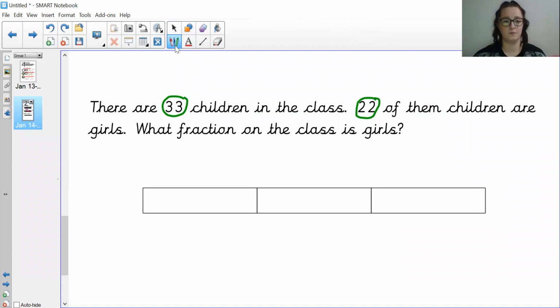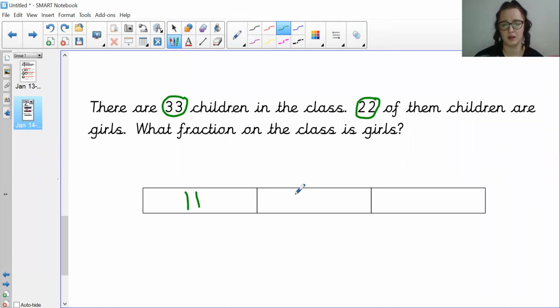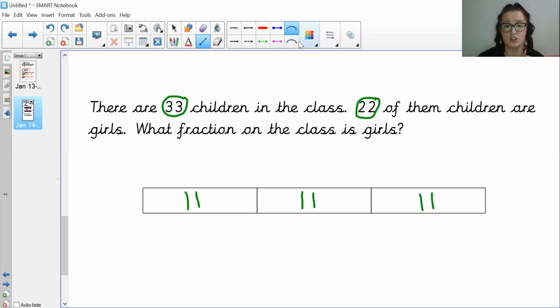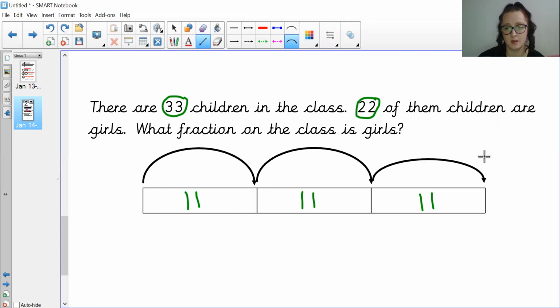So we know that we've got 11 here, 11 here, and 11 here. So now what we need to figure out is what is the fraction in each section. So we've got this one there, we've got this one there, and we've got this one there.